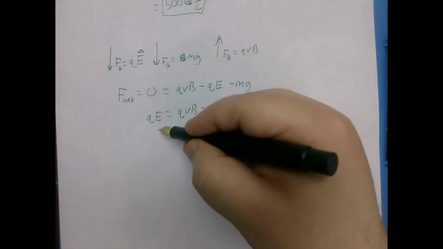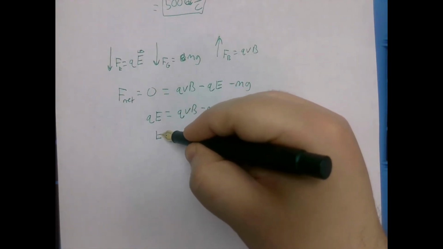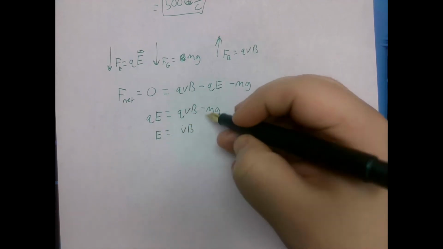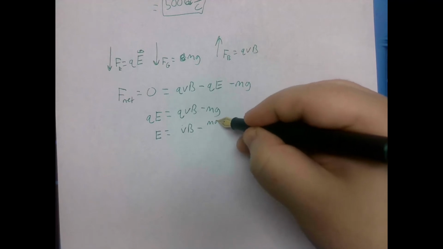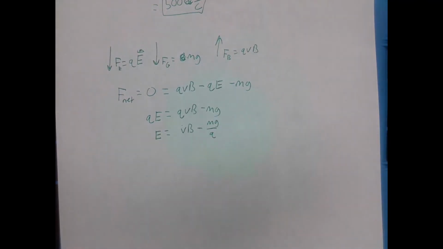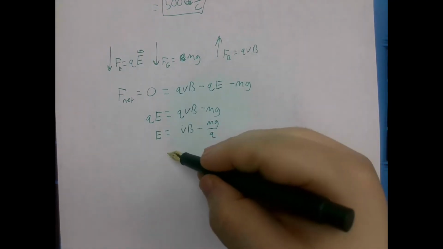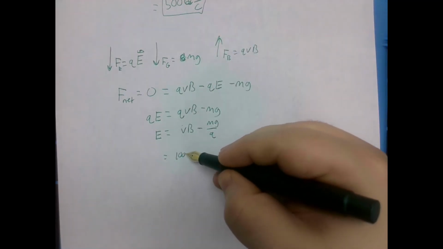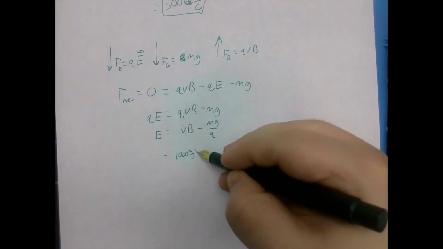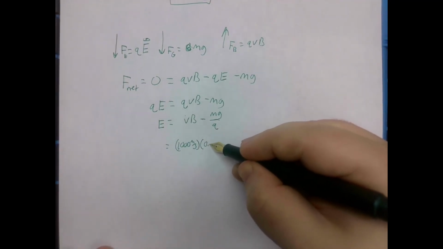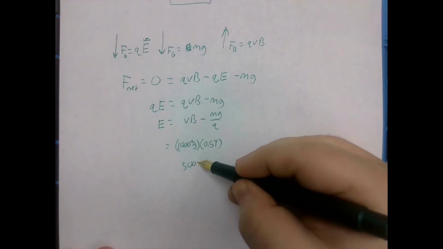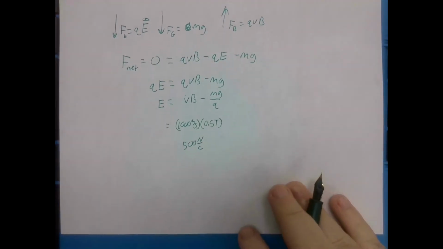So dividing by Q, I get VB minus mg divided by Q. So I still get the 1,000 meters per second times a half a Tesla, which is 500 newtons per coulomb.